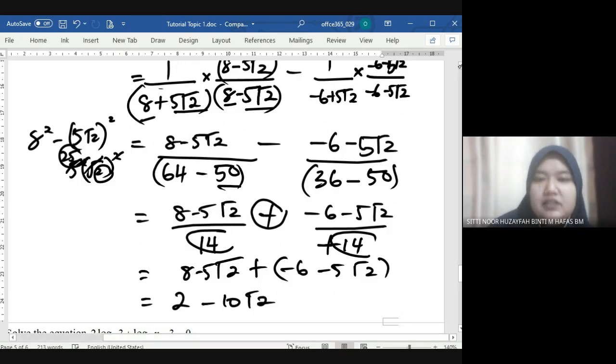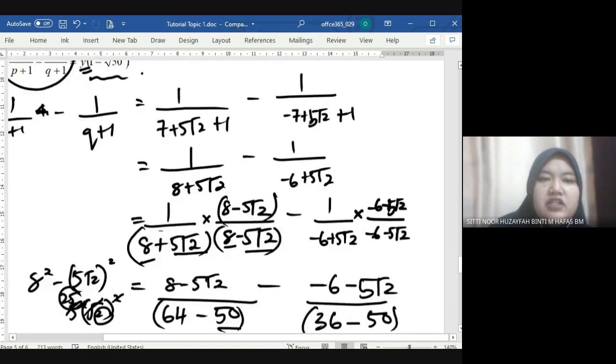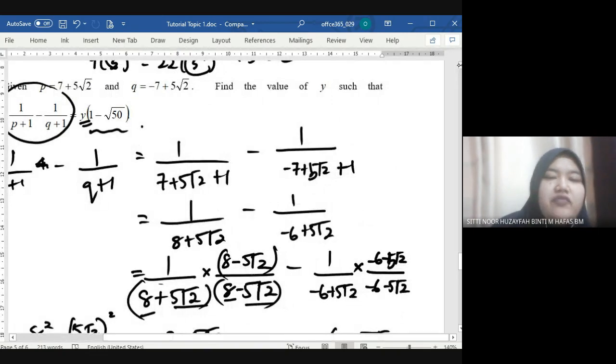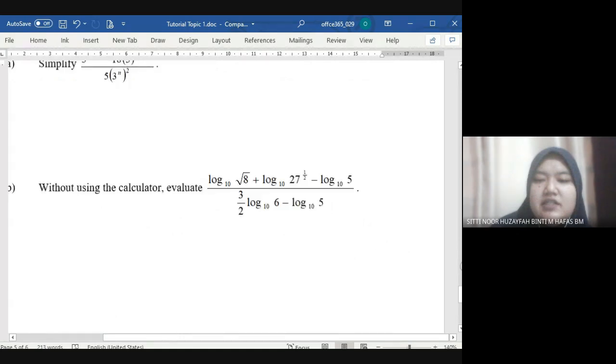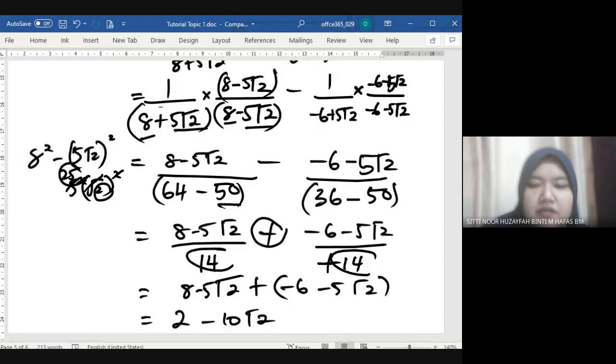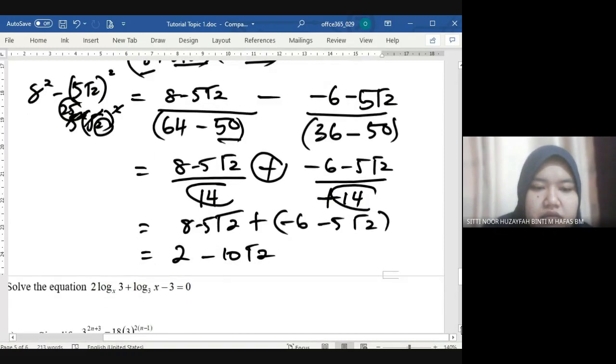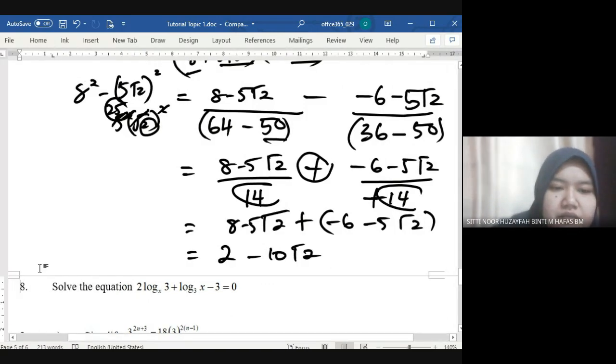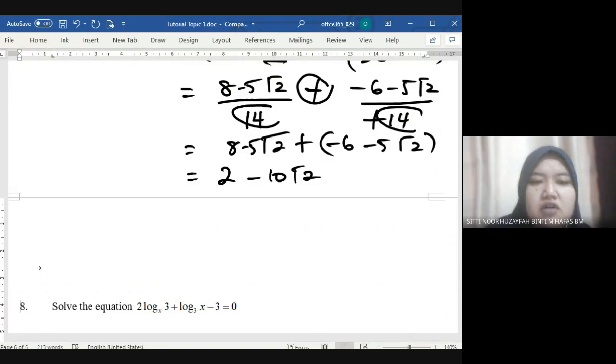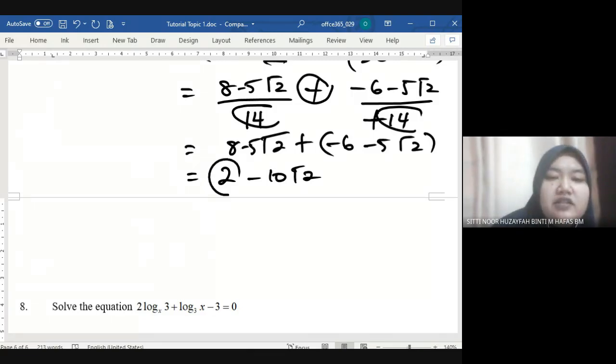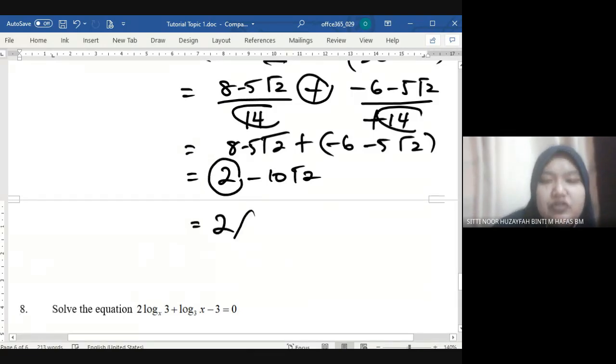Right? Okay. Now, the question gives you the right side in the form of y times (1 minus √50). What is √50? How do we get it in the form of y multiplied by 1? This means that we have to factorize out 2. So we will get 1. So what's left inside the bracket? This 10 also needs to be factorized by 2.